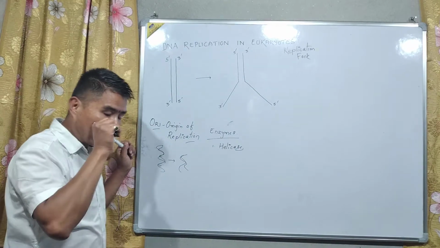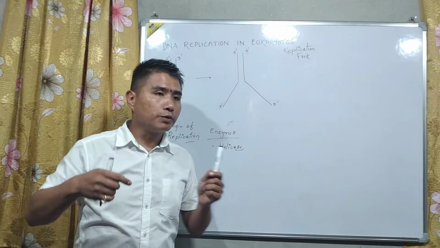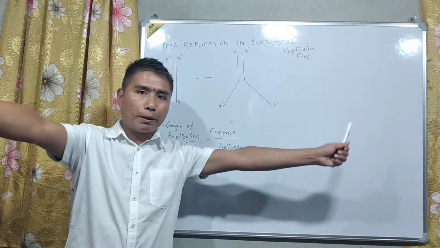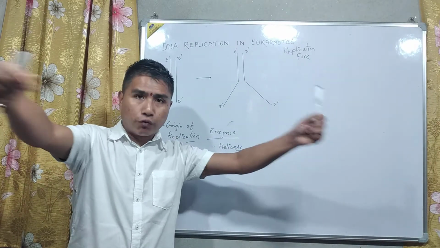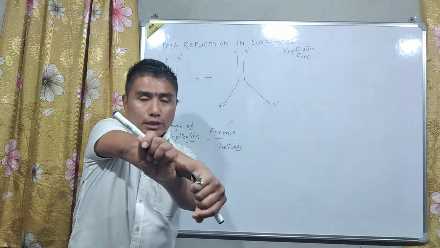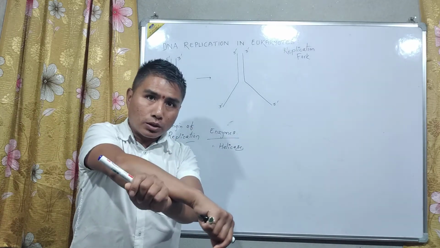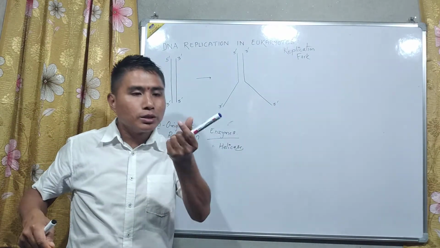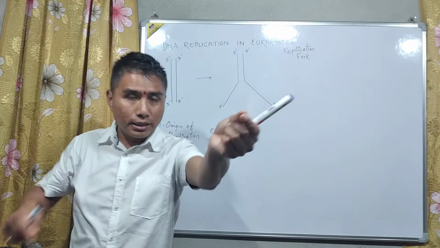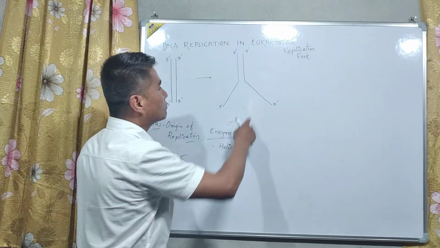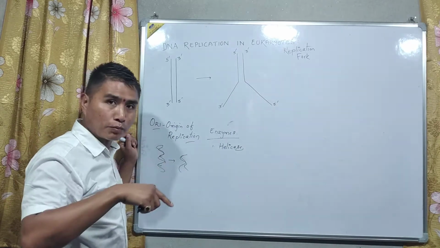It has opened up, but you must have seen when you open the strands of a coconut rope, it gets opened up, but if you leave the force of your two hands, then the rope will wind up again. So to prevent the rope from rewinding, you hold your hand in the middle. Yes or no? Likewise, the two strands of the DNA might wind up again.